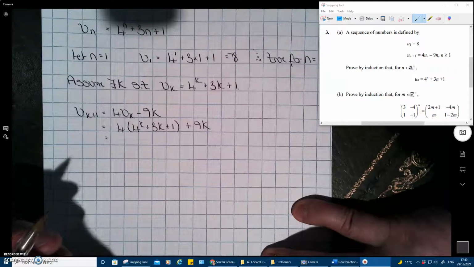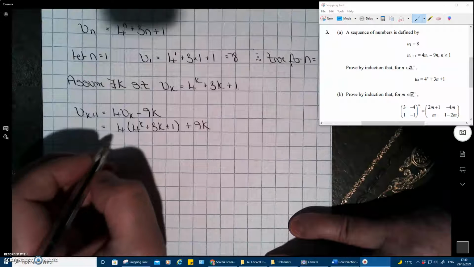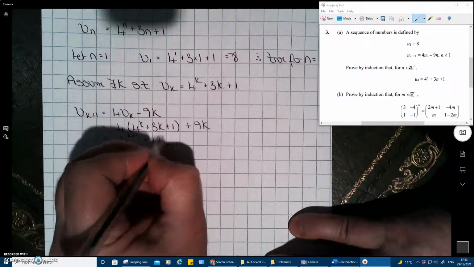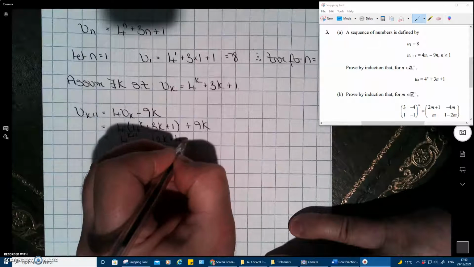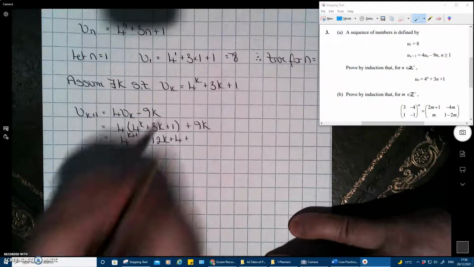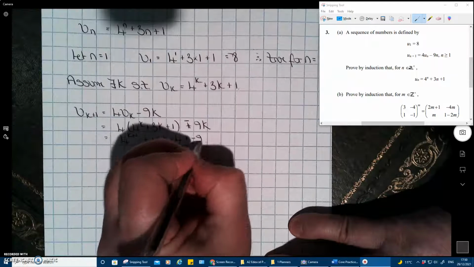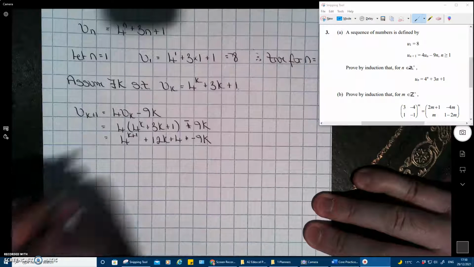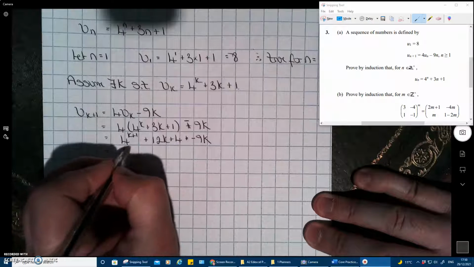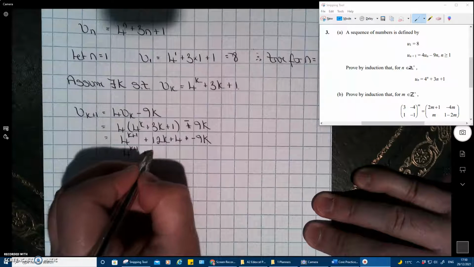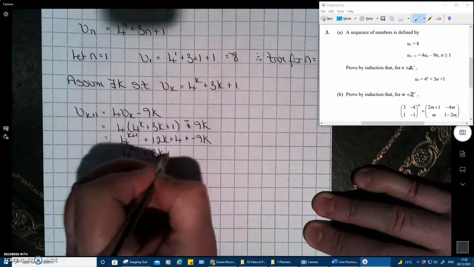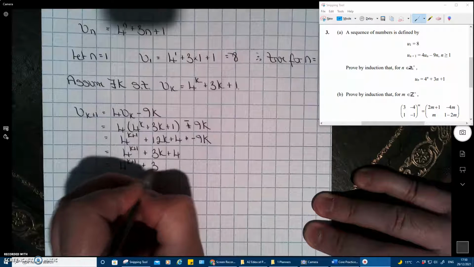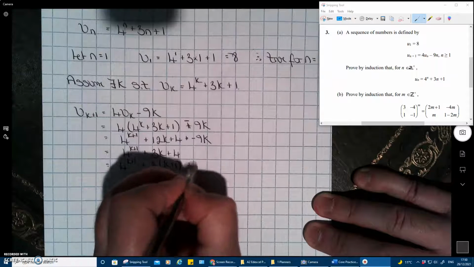Right, if we expand that out, we get 4 to the k plus 1 plus 12k plus 4, oh sorry, it's minus 9k, which equals 4 to the k plus 1 plus 3k plus 4, which is 4 to the k plus 1 plus 3 lots of k plus 1 plus an extra 1.